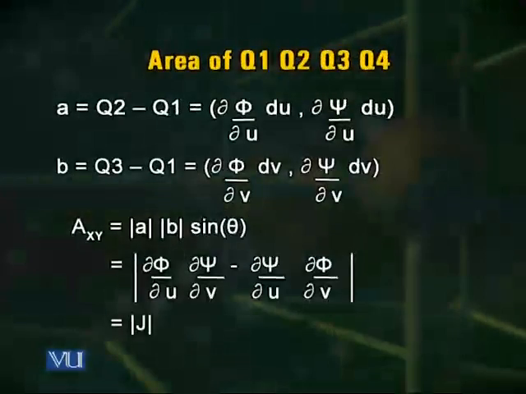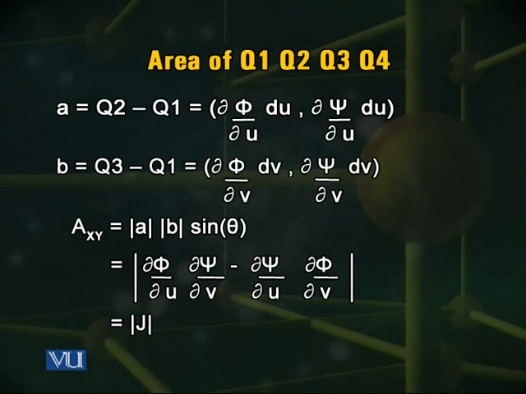This determinant, where the first coordinate is the partial derivative of phi with respect to u, the second coordinate is the partial derivative of psi with respect to u, the third coordinate is the partial derivative of phi with respect to v, and the fourth coordinate is the partial derivative of psi with respect to v, has a special name. It's called the Jacobian of this transformation, the transformation from the uv plane to the xy plane involving these transforming functions phi and psi.